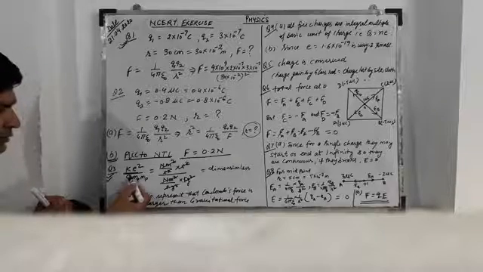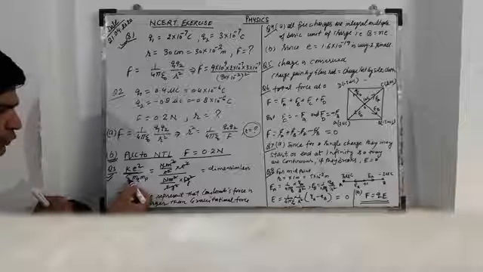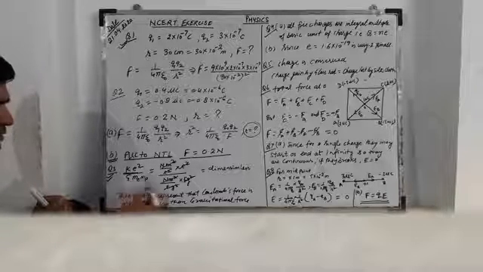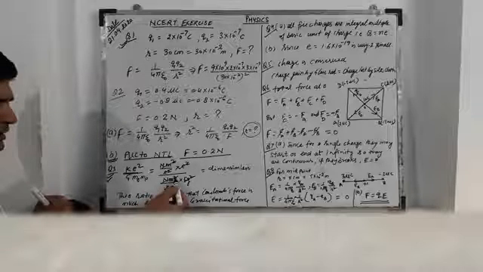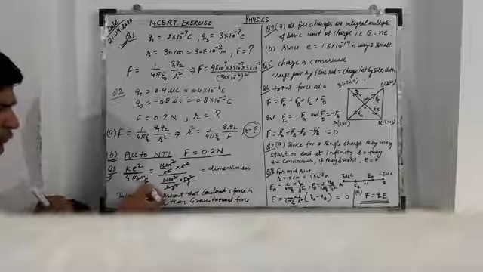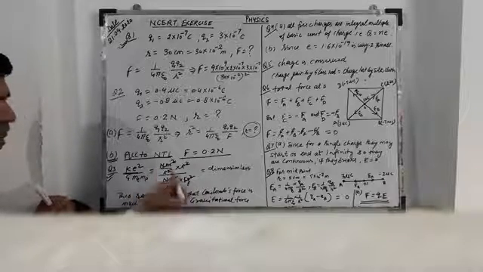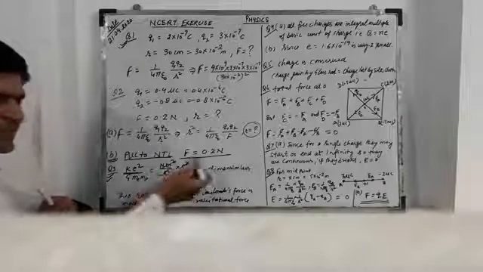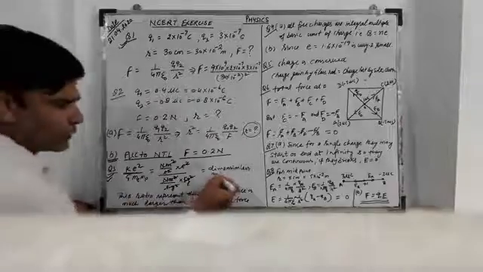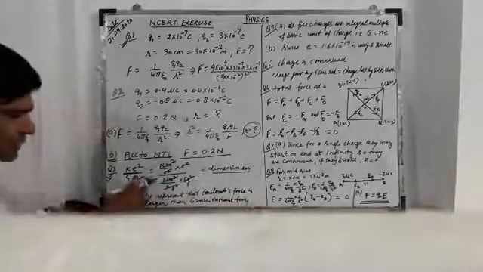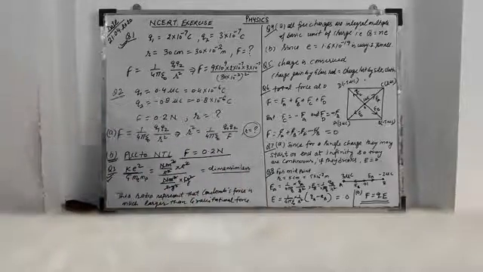Similarly, the unit of universal gravitational constant is Newton meter square per kg square, and mass of electron and mass of proton are there, so kg square. You can see that all are cancelled with each other, so this ratio is dimensionless.